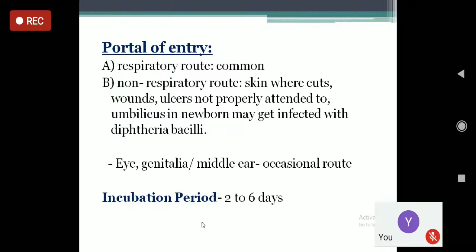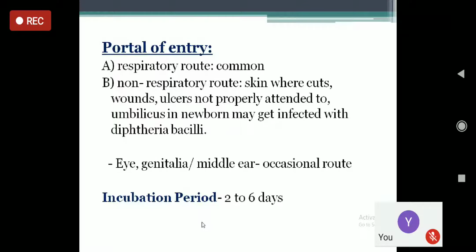Non-respiratory routes include the skin. In the cutaneous type, if you have cuts, wounds, or ulcers, and they are not attended to, not cleaned with Dettol or other antiseptics or betadine, and not covered properly, the bacteria might enter our body from those cuts, wounds, and ulcers. Also through the umbilicus in newborns.